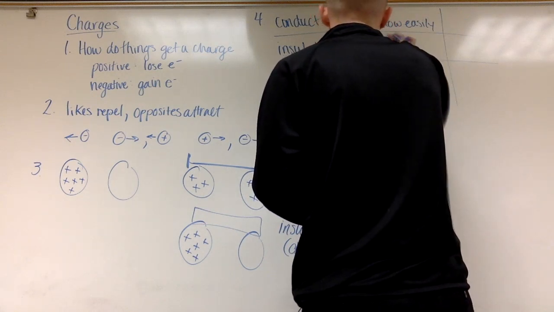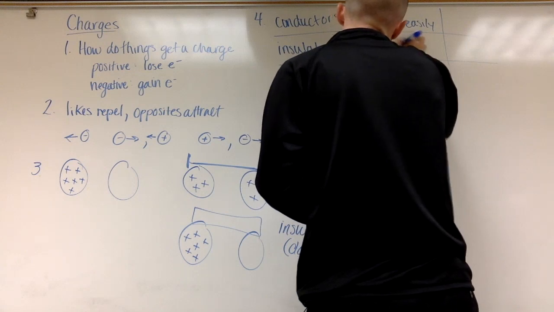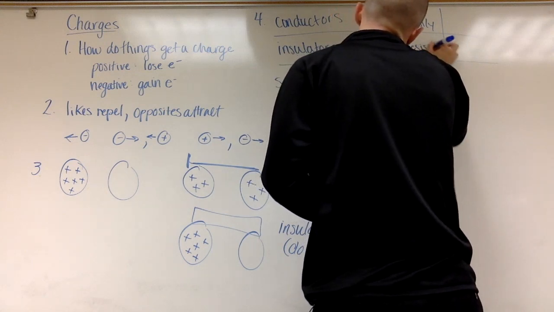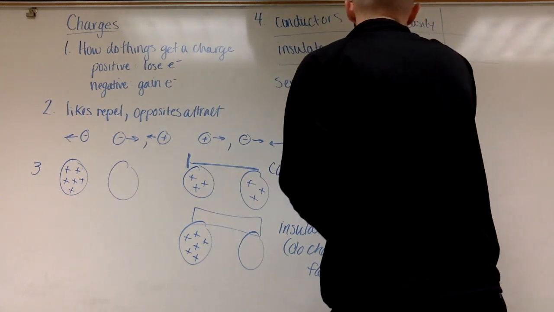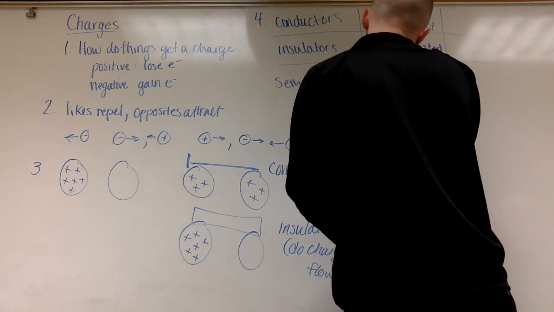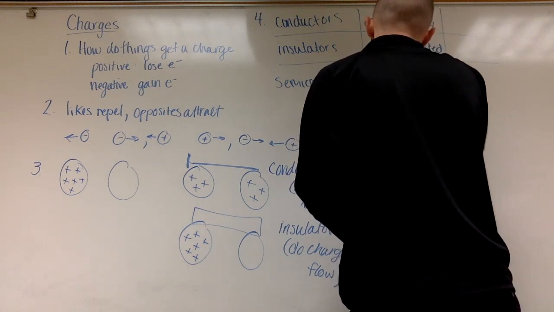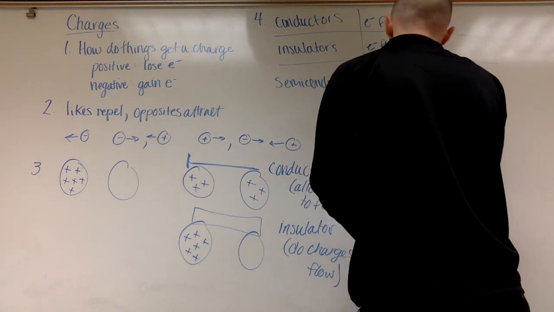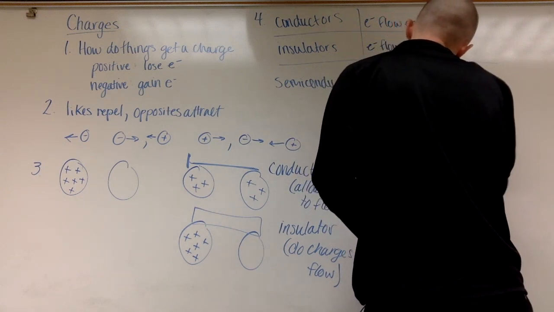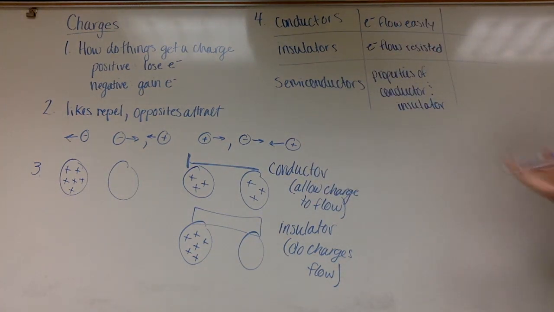In insulators, electron flow is resisted. And for semiconductors, it's going to have properties of both conductors and insulators, so they can be changed based on the situation. We're not going to get too much into it. Just know that it can have the properties of both.